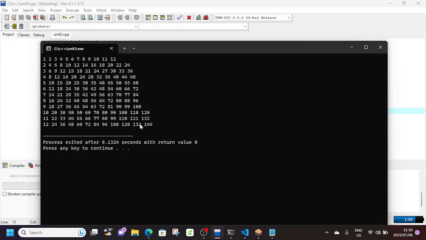Yeah, so this is what we have. We have 1 going all the way down to 12. Now when it loops for the second time, it's at 2, right? So 2 multiplied by 2 is 4, right? But then it's also looping for the third time. So 3 multiplied by 3 is equal to 6.